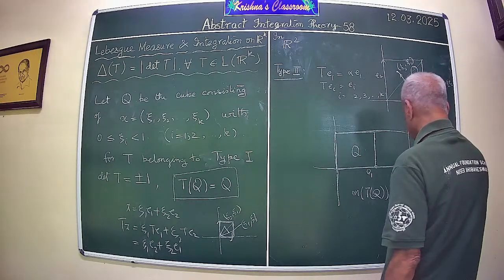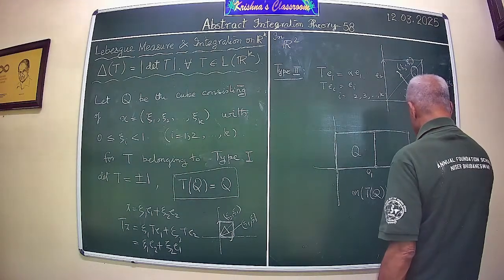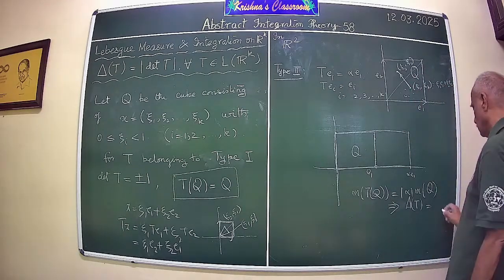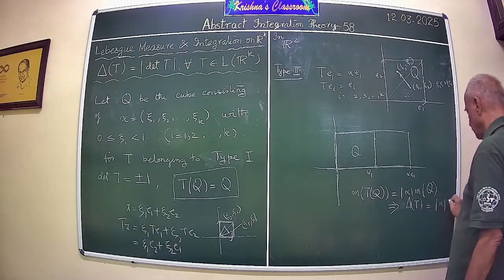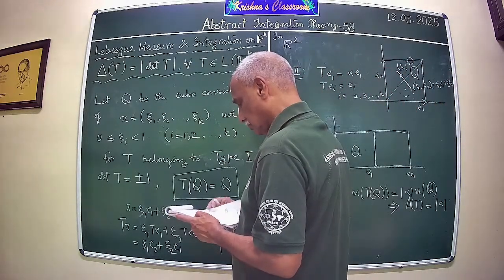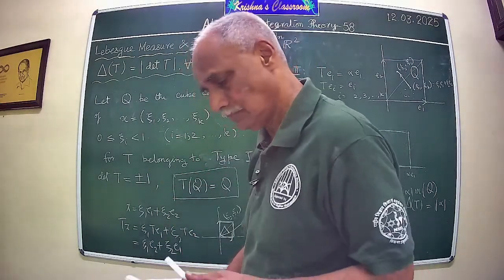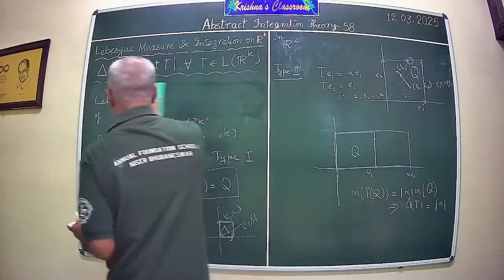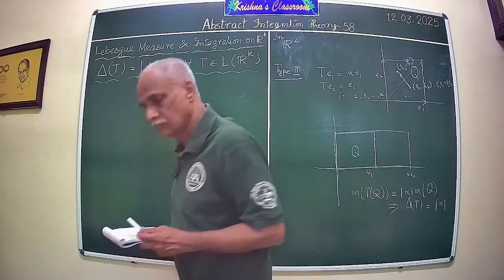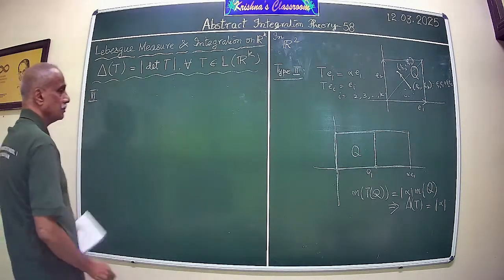This means delta T equals alpha. The third one, let us take. Type 3.